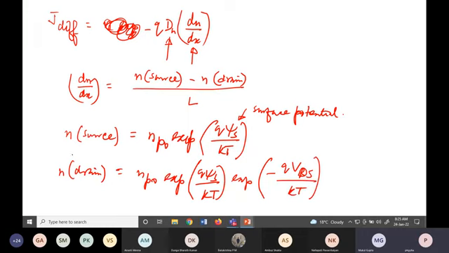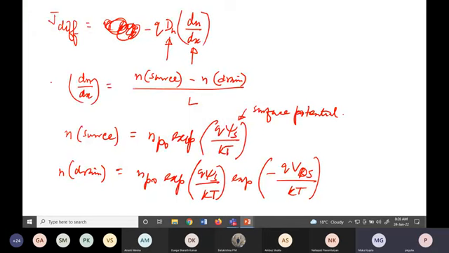If we use this, we can find out J diffusion, the current density. We know that D_N can be written from the Einstein equation, D_N over mu n equals kT over q. We can use this expression.